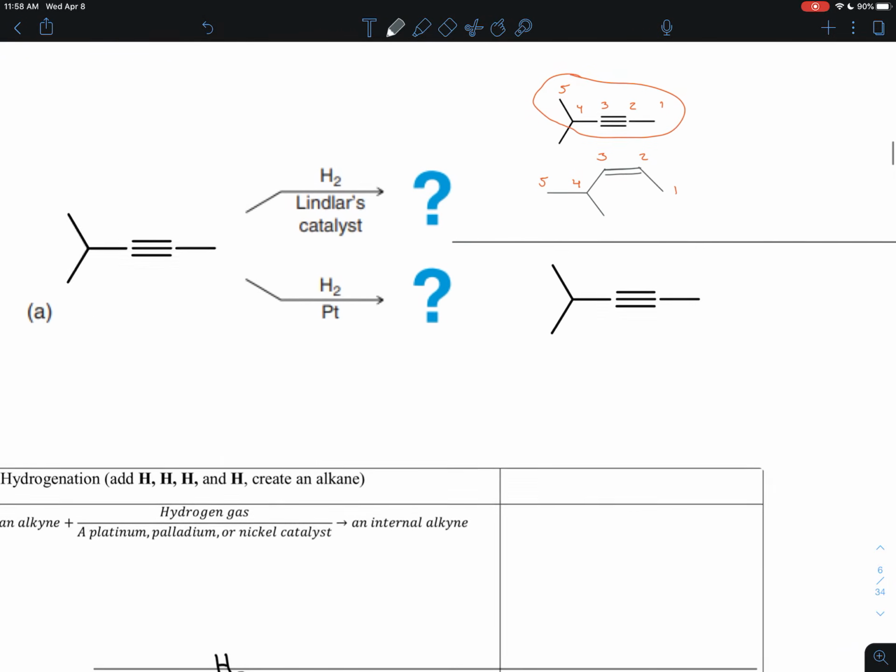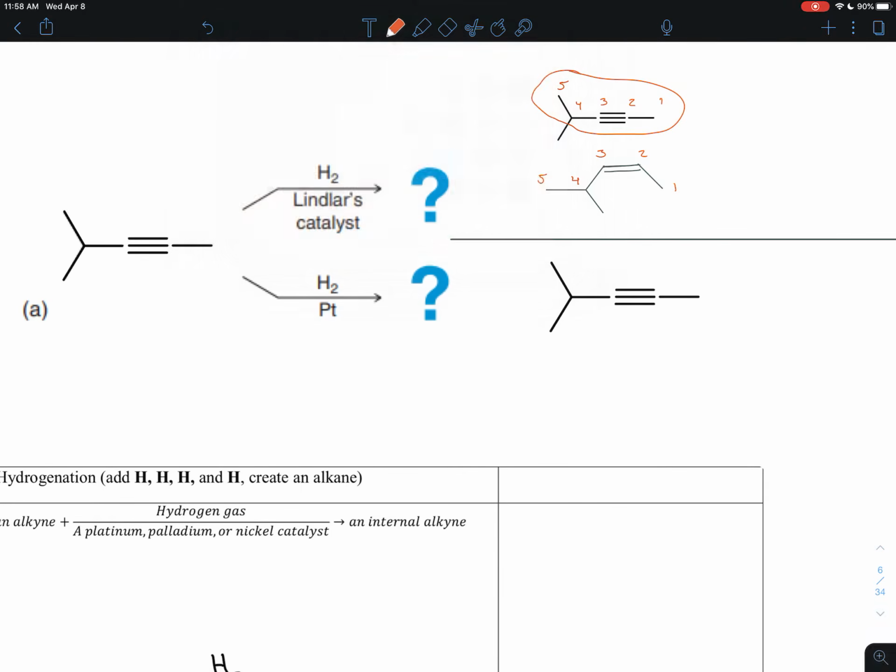And like I said, probably the most confusing thing here is to keep track of the carbons. So I'm just going to number them so I know exactly how many I have and where everything is. This triple bond between carbon 2 and 3 is going to become a single bond with this hydrogenation. So I'm going to draw 5 carbons. So here we've got 1, 2, 3, 4, 5.